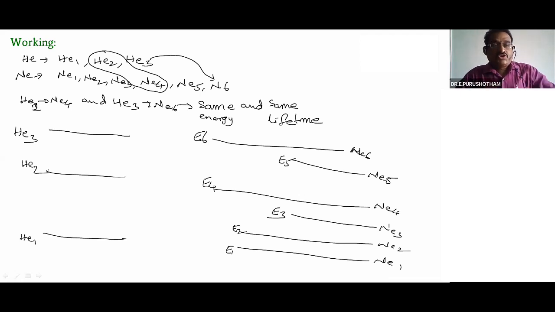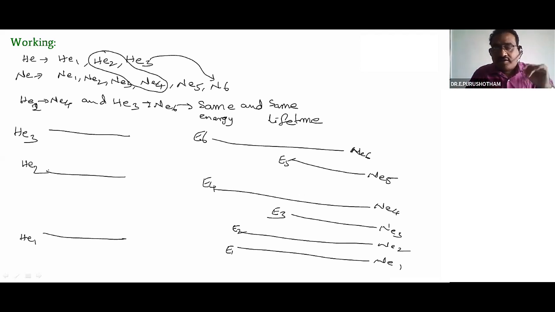So He2, Ne4 and He3, Ne6 behave as metastable states. In these metastable states there is population inversion, and they will start the pumping process.